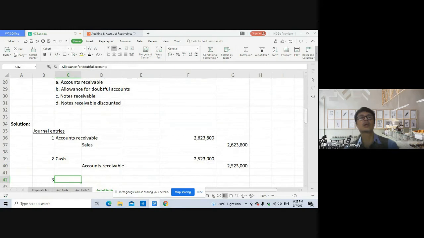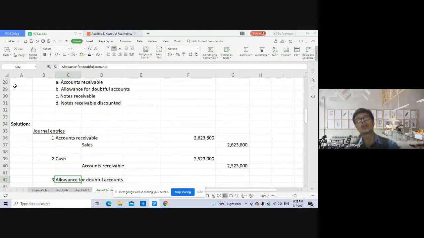Number 3, debit allowance for doubtful accounts. Now, normally the balance of allowance for doubtful accounts is a credit. Since ni-write off siya, ibig sabihin wala na, hindi na rin makukolekta. So tatanggalin na natin siya dun sa allowance for doubtful accounts by debiting it, no? Remember, allowance for doubtful accounts is a contra asset account, no? Which is ang normal balance yan is credit. Okay?